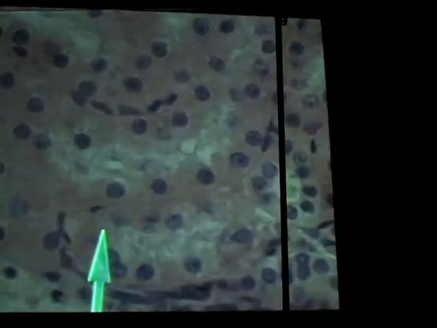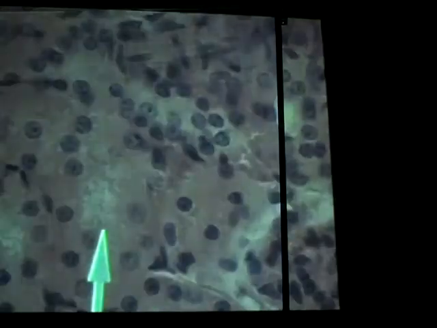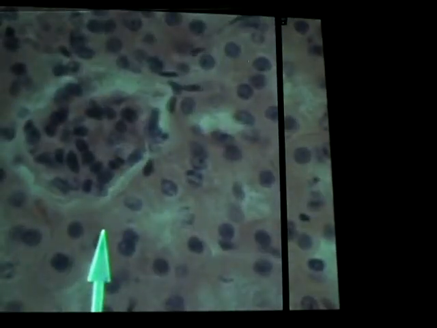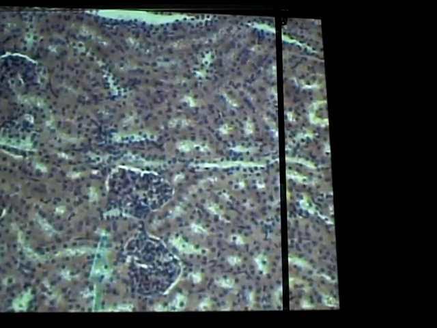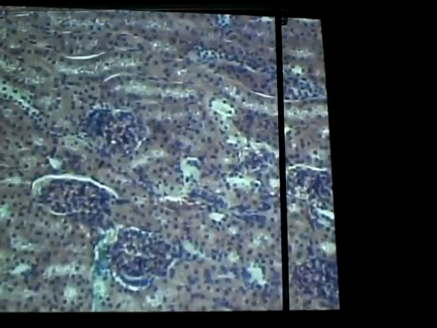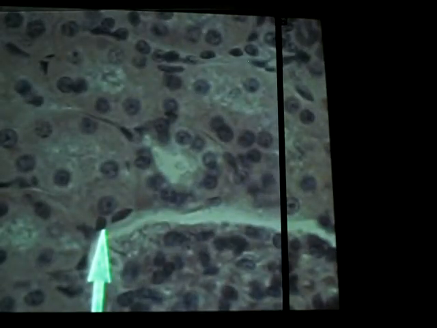Now with our macula densa, let's see if we can find another one. So that's all in our cortical labyrinth, where you will find your corpuscle and your proximal and distal connecting tubules. With the macula densa, in the distal convoluted tubule, you're going to have this group of cells within the distal convoluted tubule.